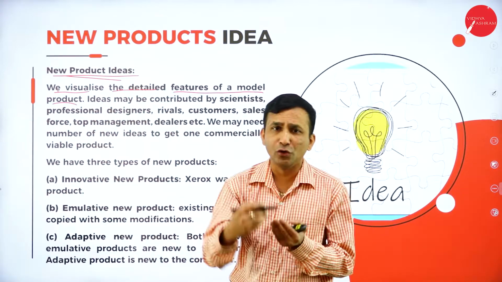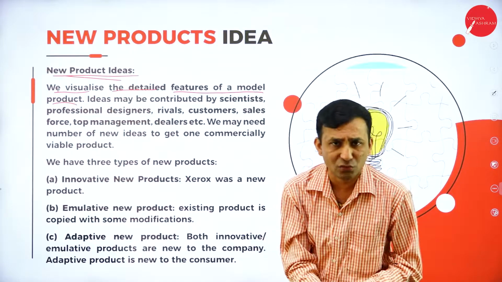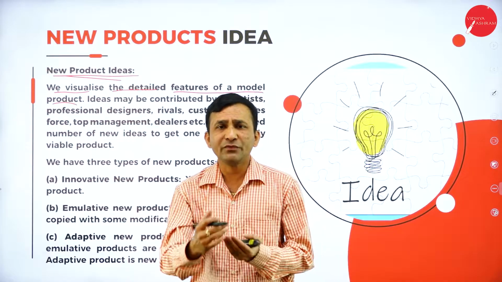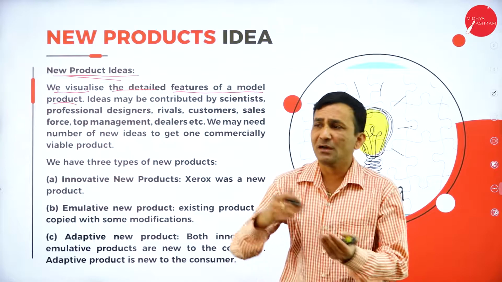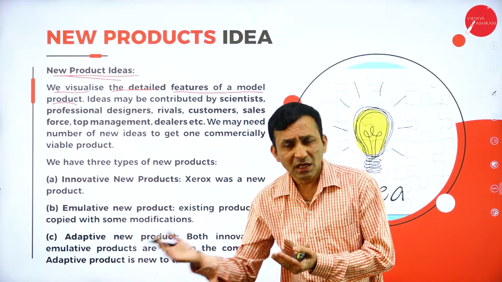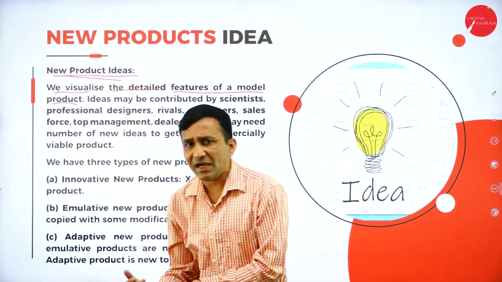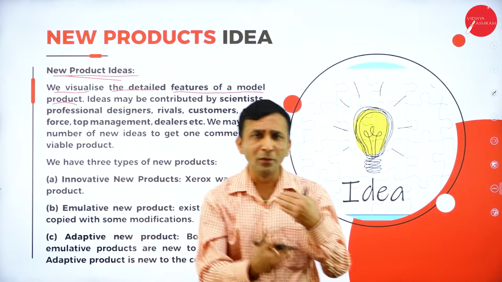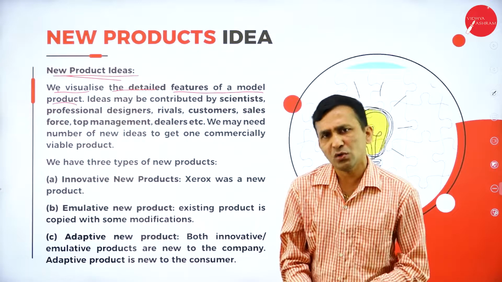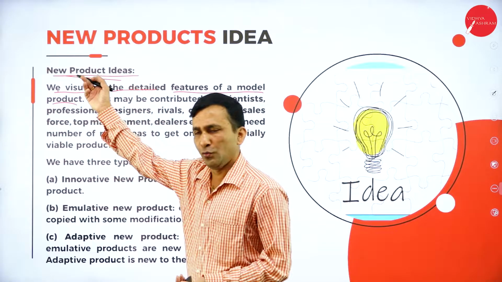They produce the new product: what features should be added, what will be the price, how it is different from the competitor. If this kind of product is already available, are we standing in a heterogeneous market or a homogeneous market? I just want to realize this when I'm developing a new product idea.